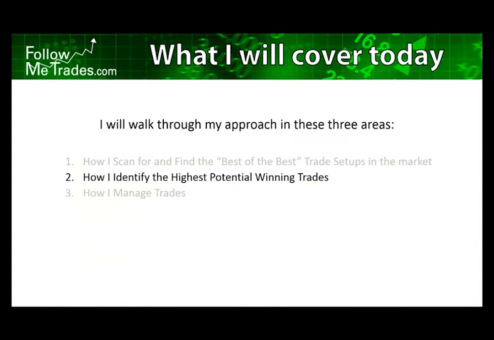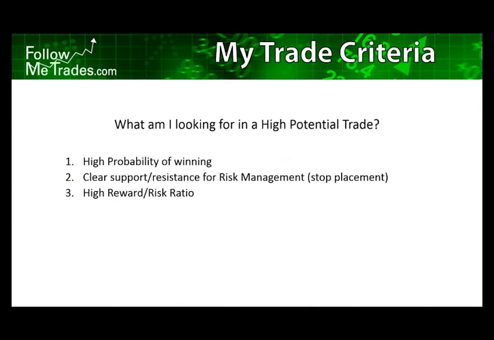And here's how I identify with my criteria. I want it to be a high potential trade. And what am I looking for in a high potential trade? I want a high probability of winning. Not every trade wins, but I'm only going to take ones that have a high potential to win. That just makes sense. I want some clear support and resistance areas so that I can use risk management and stop placement.